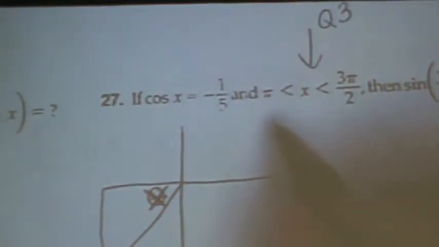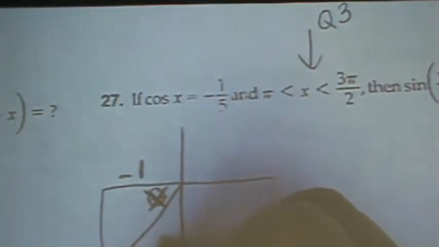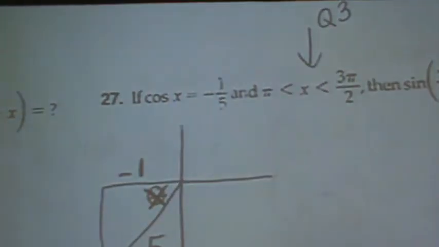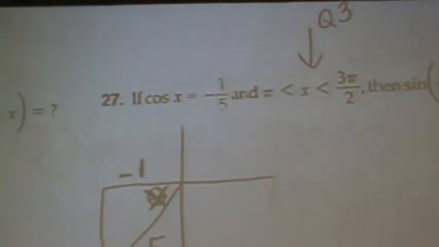So our cosine is defined as adjacent over hypotenuse. So this is going to be -1, and this is 5. We probably have to figure out what this is. Now, using the Pythagorean theorem, we're going to figure out that that side is root 24. And it's going to be negative.